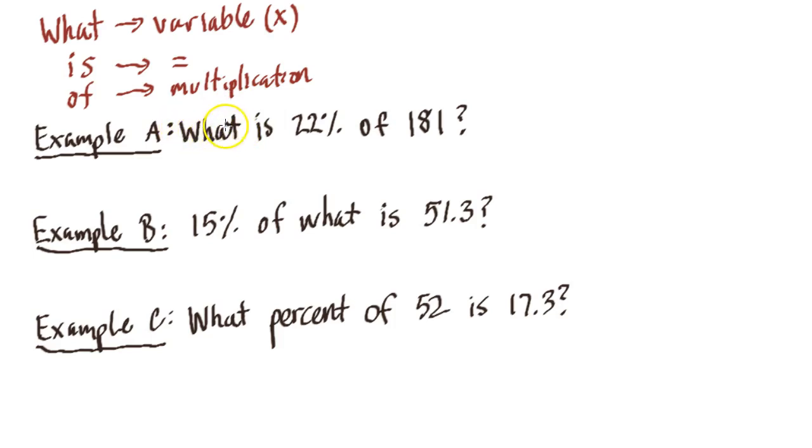So we have "what" represents our variable. It's our unknown. "What is," so "what" becomes X. "Is" represents equal, so we're going to put an equal sign there.